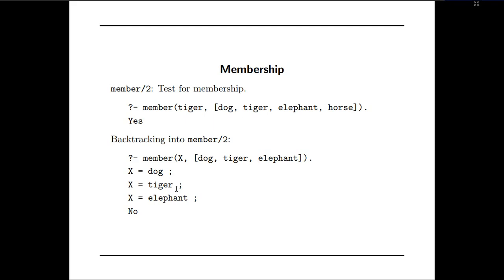Then if you put a semicolon, it will get the next element in the list, tiger. If you put a semicolon and enter, then we will get the elephant. Afterwards there is no element available, hence we will get no as the output. So that means you are going to iterate throughout this list with the help of variable X.